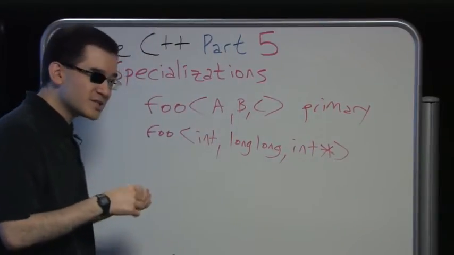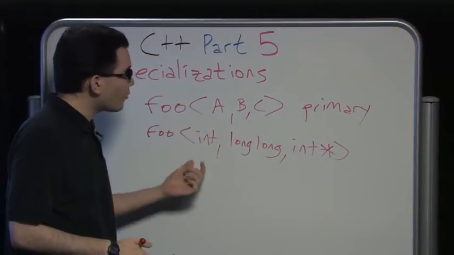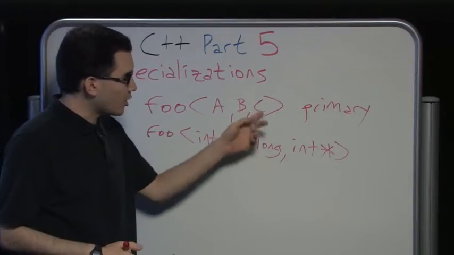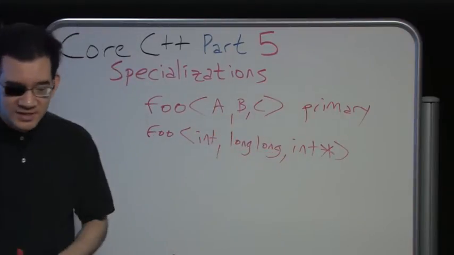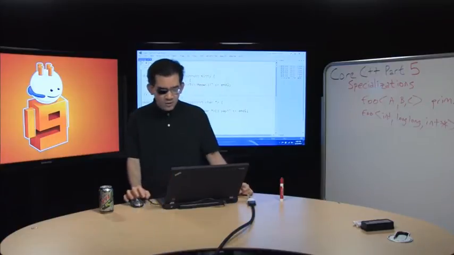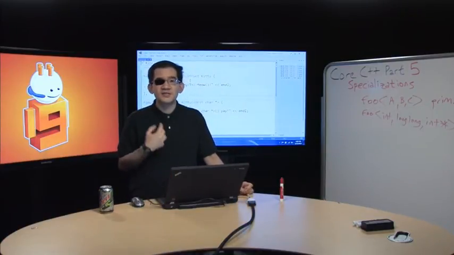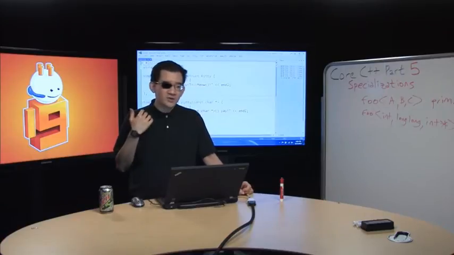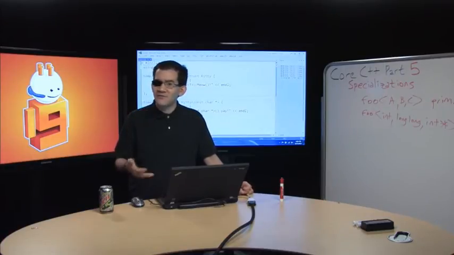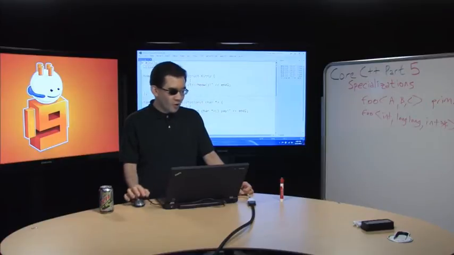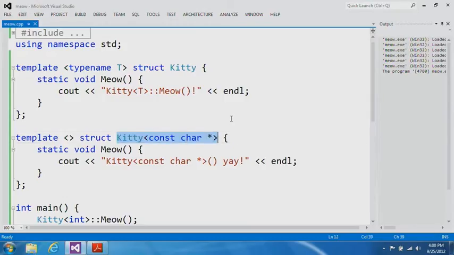So this explicit specialization would be selected only when A is int, B is long, and C is int*. And as we had seen in earlier parts, the matching that the template machinery does is exact. It's not going to permit const qualifiers to vary. So in this case, because I've explicitly specialized Kitty for const char*, this will not be selected for just modifiable char*. That's a different type as far as template machinery is concerned.